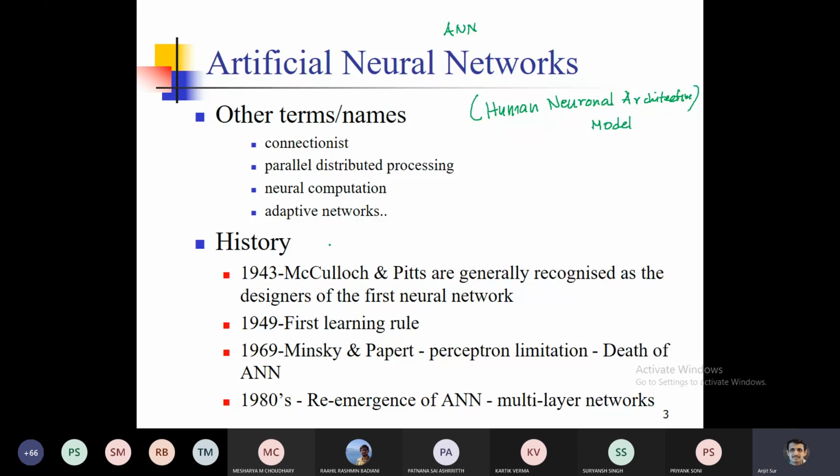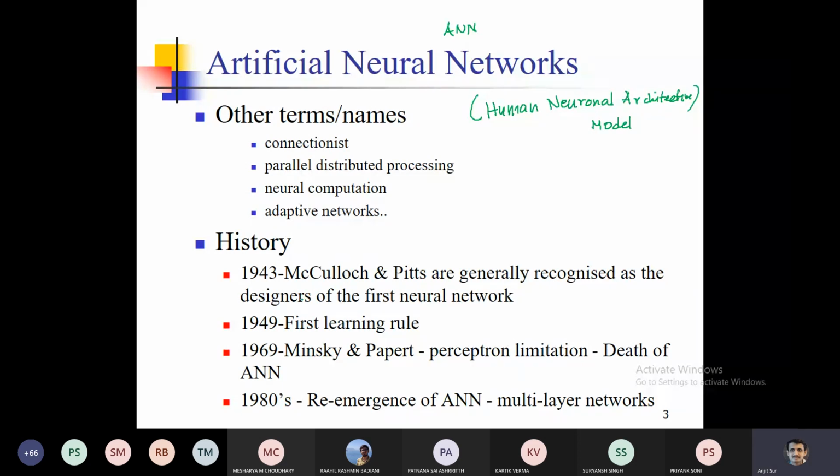Now the brief history, which goes long back. In 1943, McCulloch and Pitts are generally recognized as the designers of the first neural network, so it's almost 80 years back. In 1949, there was the first learning rule, the algorithm for learning this kind of network.